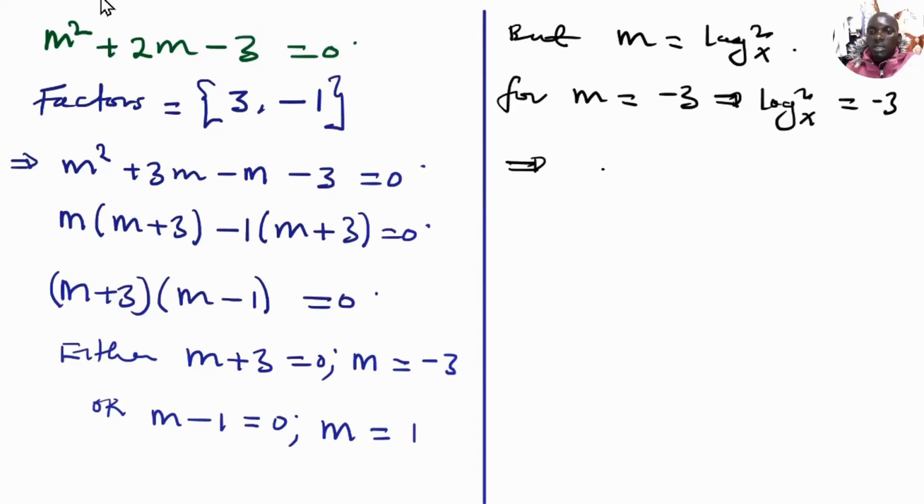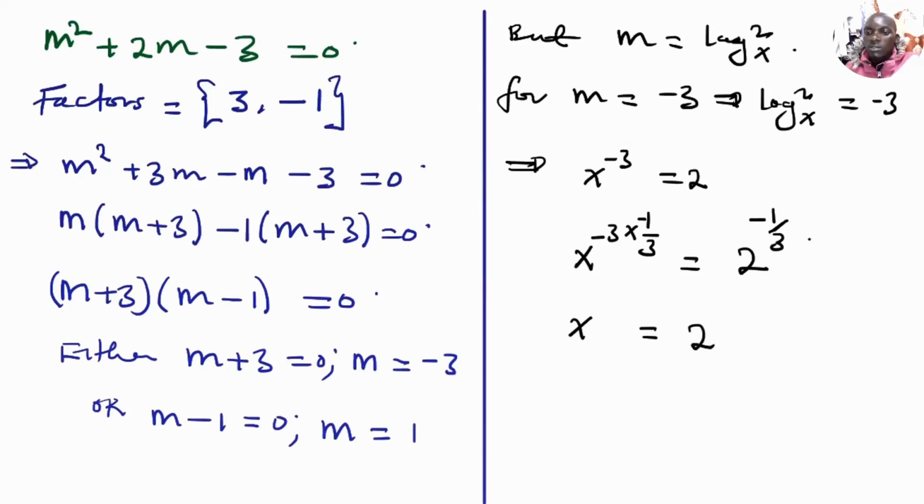It means that x raised to power negative 3 equals 2. So to get the value of x, we multiply both sides by negative 1 divided by 3. So we have x raised to power 1 being equal to 2 raised to power negative 1 out of 3.